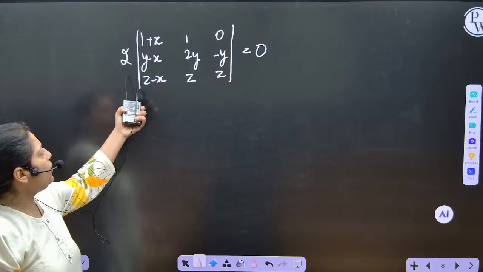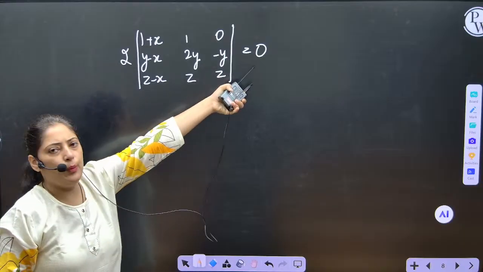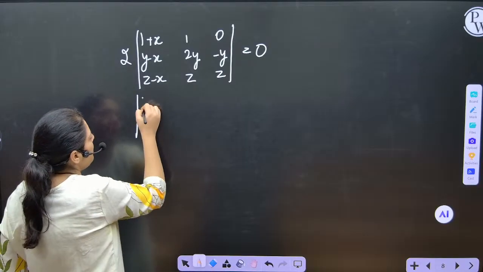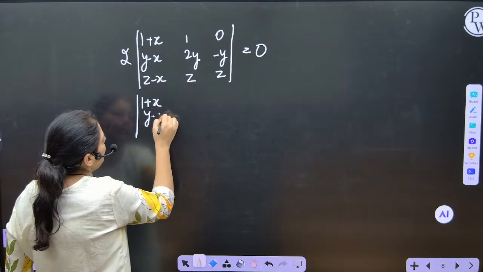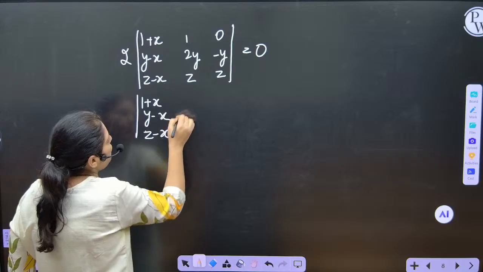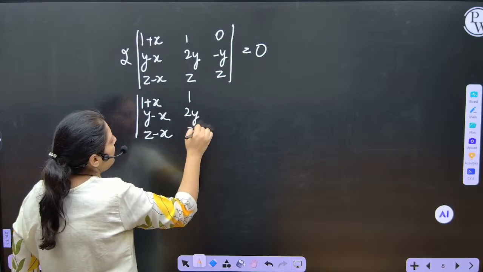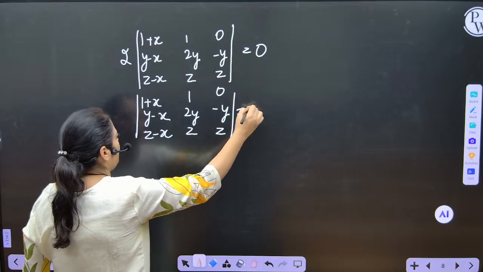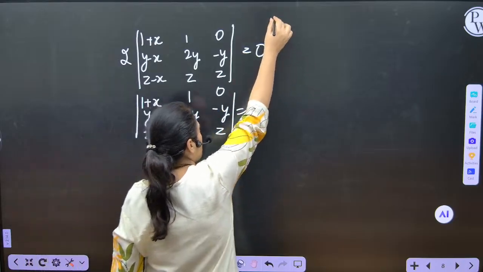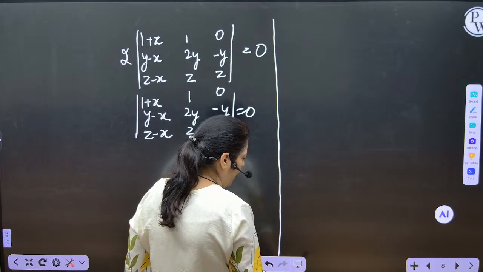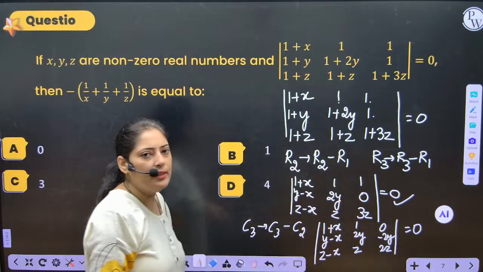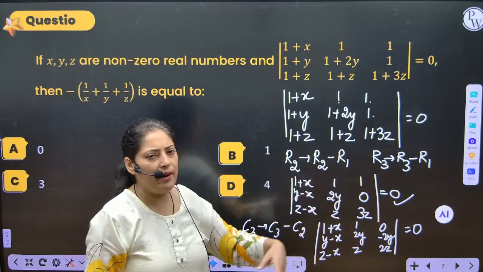Now when the product of two things is 0, that means one has to be 0. That means this term will be 0. 1 plus x, y minus x, z minus x; 1, 2y, z; 0, minus y, z equals 0. Expand it and get the answer. But I'll expand through here only because here we don't have to do many steps.